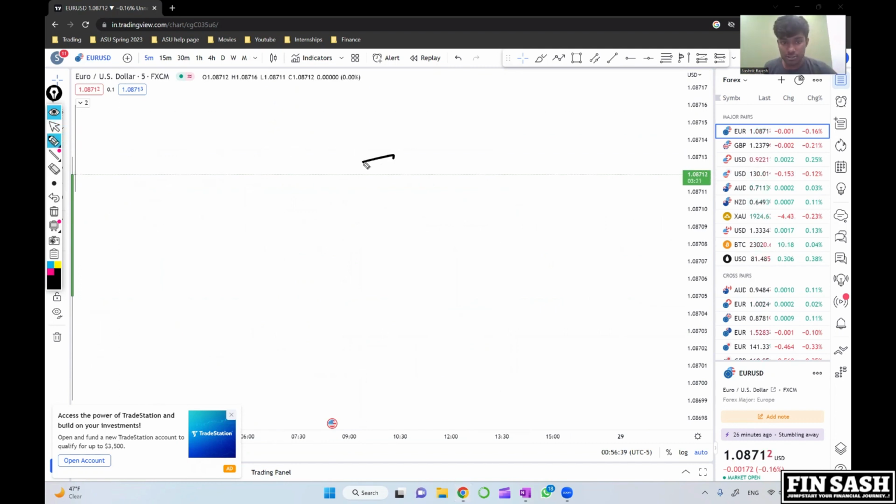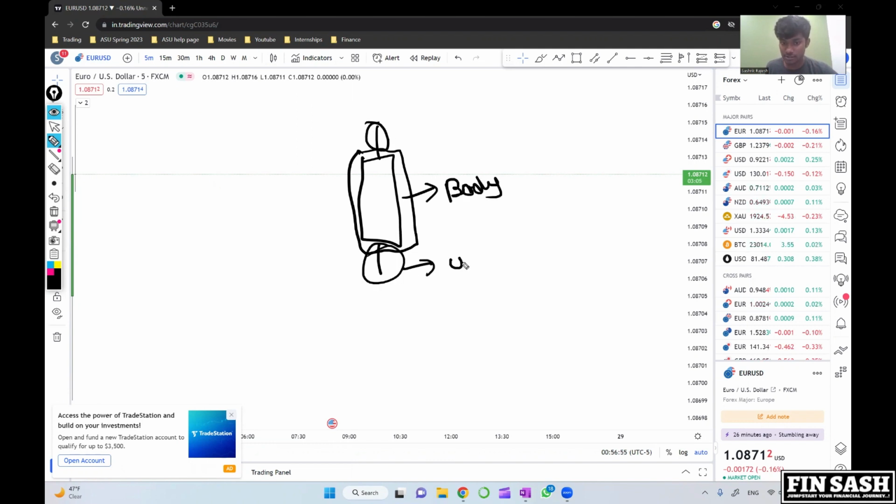If you notice any candlestick, this is how it looks. Let's explain the fundamentals of the candlestick first. This is called the body of the candle, and these two lines are called the wicks.